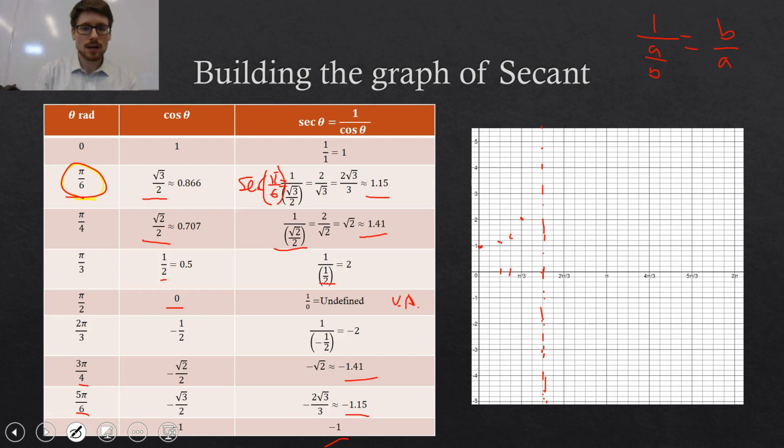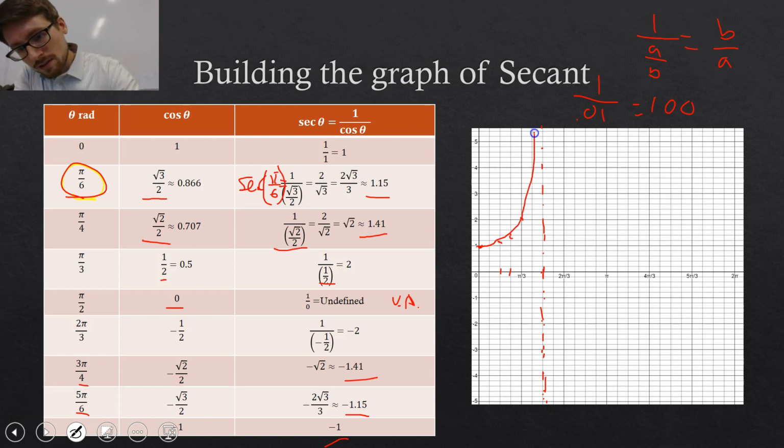It's getting big. You know, for example, 1 divided by 0.01 is 100. Okay, so when that denominator gets small, the numerator stays 1 the whole time. You end up getting a larger and larger answer as a result. So our graph for secant is going to look something like this.